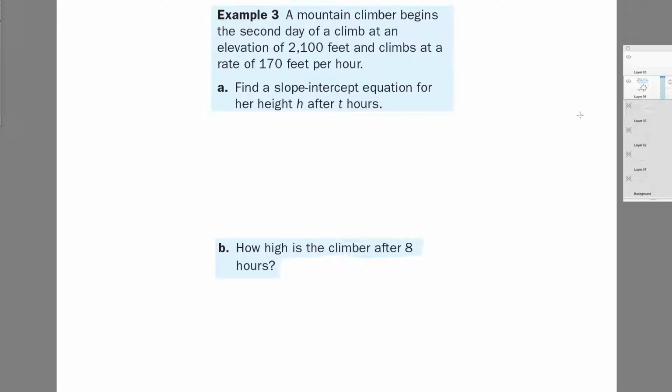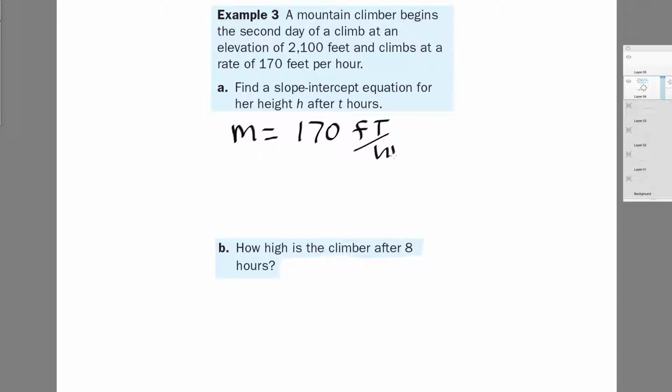What we'll need to know here is m, and we've got that. It tells us m is equal to 170 feet per hour. The units help us with that.